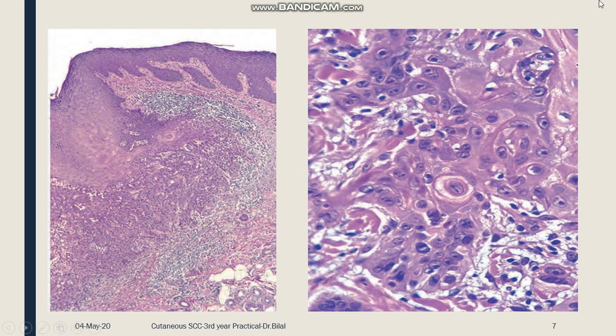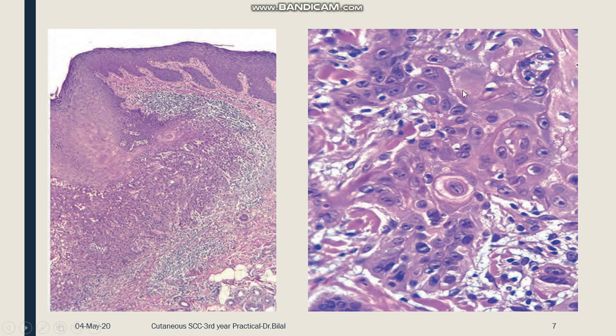Now you can see here that this cell is a separate cell, this is a separate cell. They have different shapes, so they are described as having a polygonal shape. You concentrate on this cell, you can see this is the nucleus, this is the cytoplasm, and inside the nucleus is a prominent nucleolus. So we come to another feature, that is a prominent nucleus.